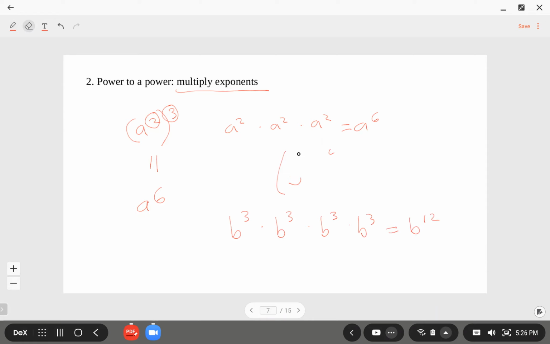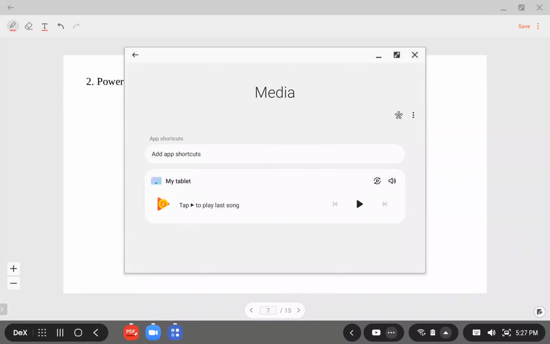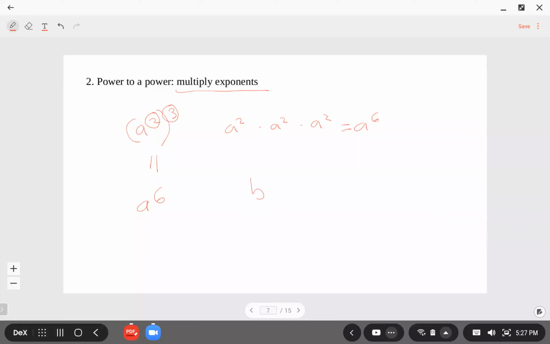So now let's do a warm-up question. I'm going to do a question for each of these properties that you're going to do on your own, to make sure you understand these concepts because they are very important. So what is b to the negative fifth times 2?